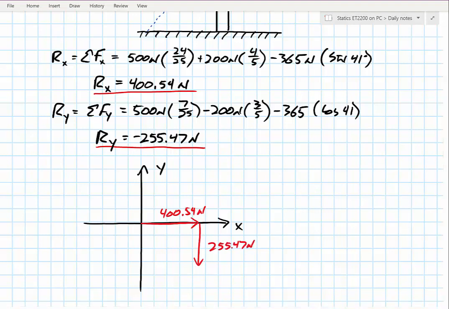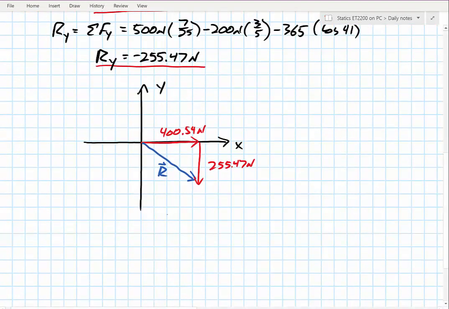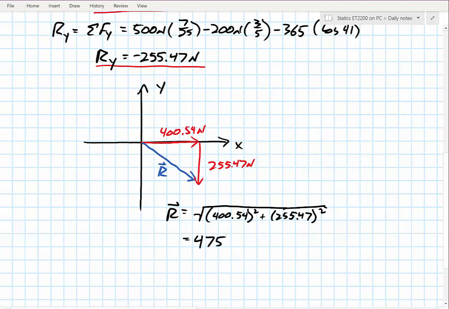So my resultant vector, I'll draw it in blue so it stands out a little bit, is the following. So I use a little Pythagorean theorem, and that gives me a value of 475.07 newtons.